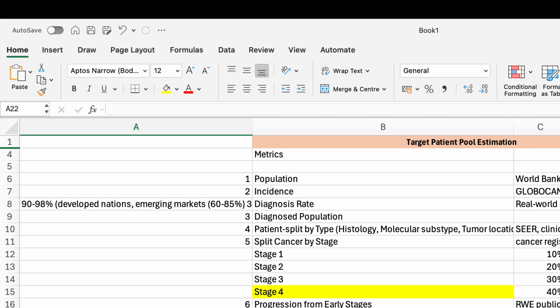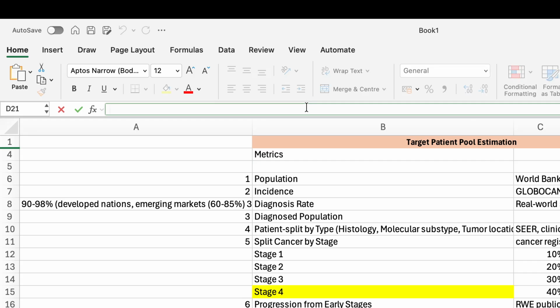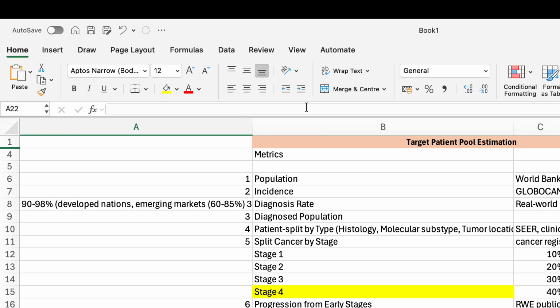Again, the treatment rate depends. If it is an emerging market, the treatment rate would be somewhere around 50 to 70%. In the other case, like the US, there would be around 80 to 90% treatment rate.